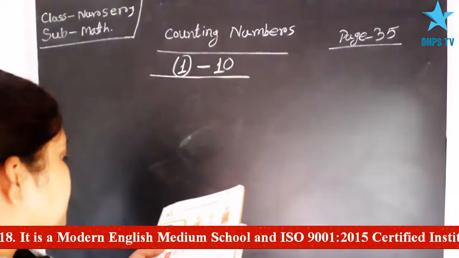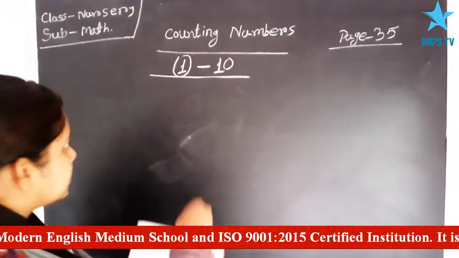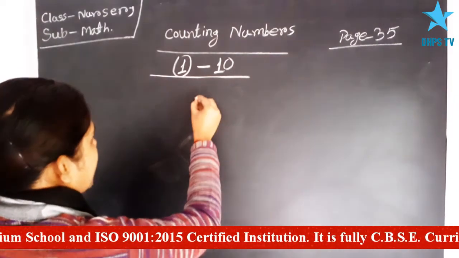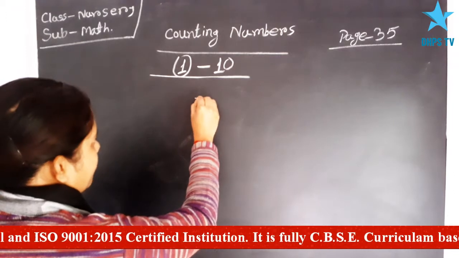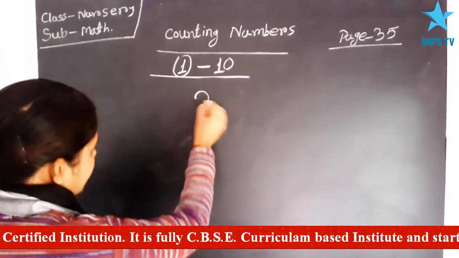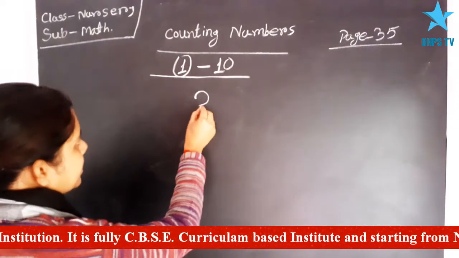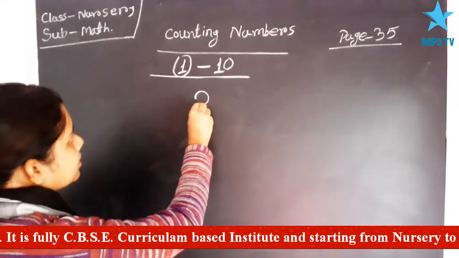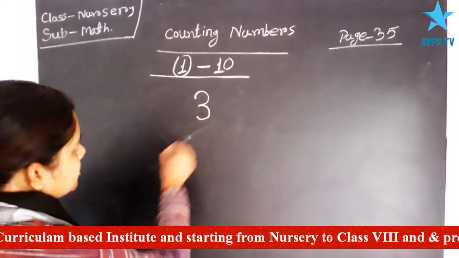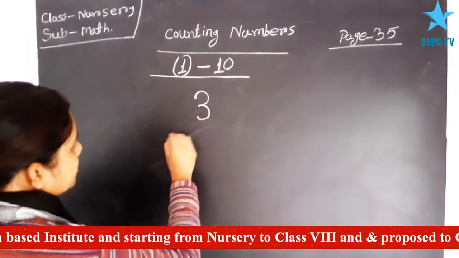So now let's see the number 3. The first step is start with a point and make a semicircle like that. Then again from the end point make same thing. Again make a semicircle.